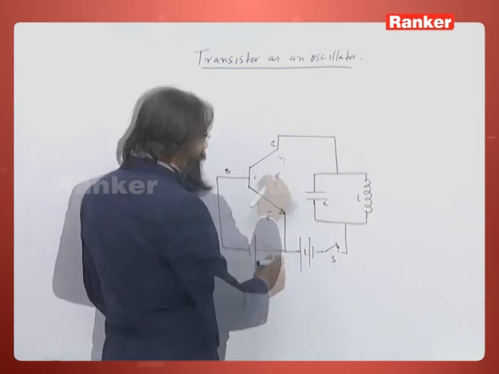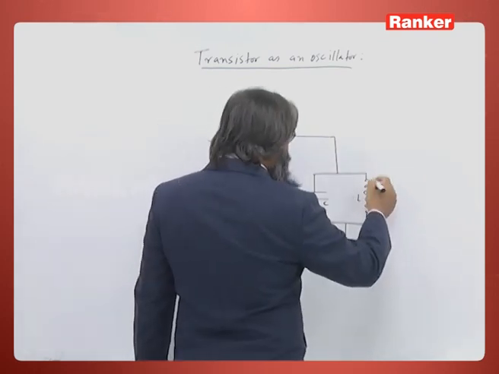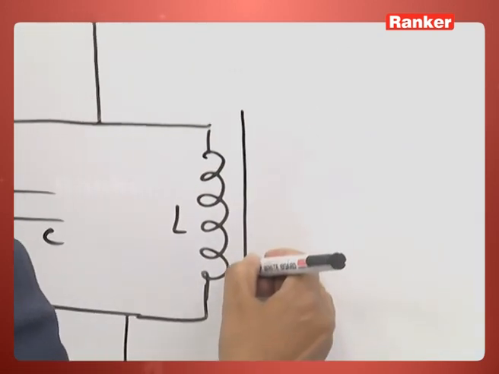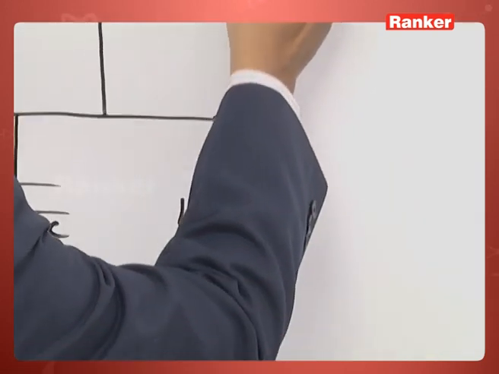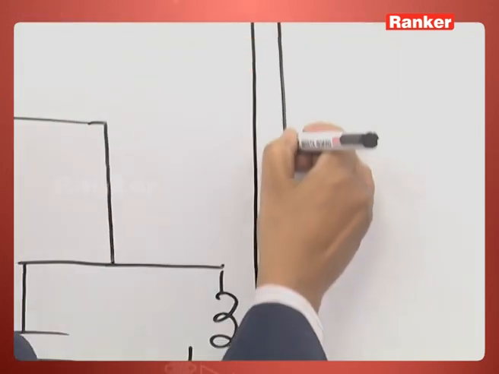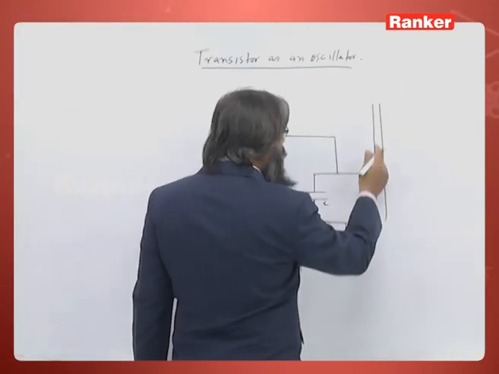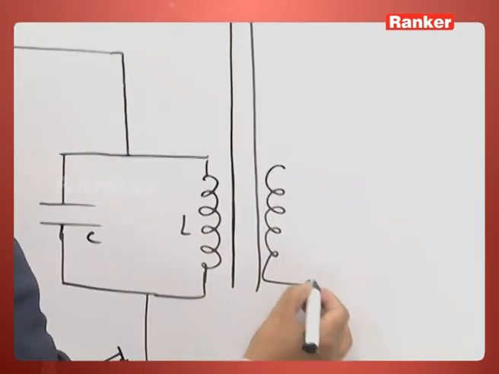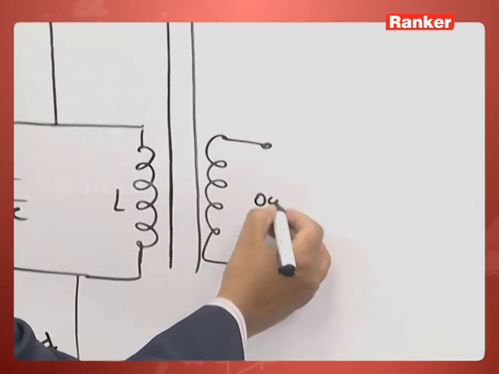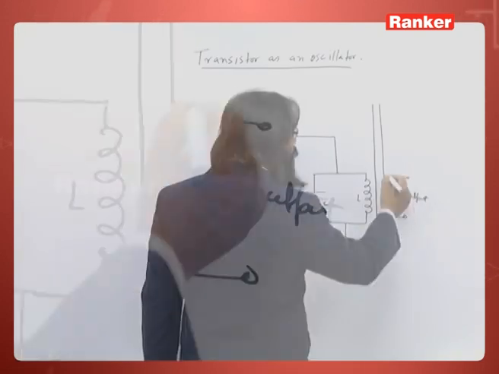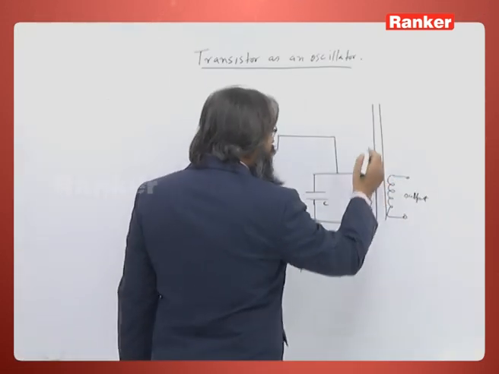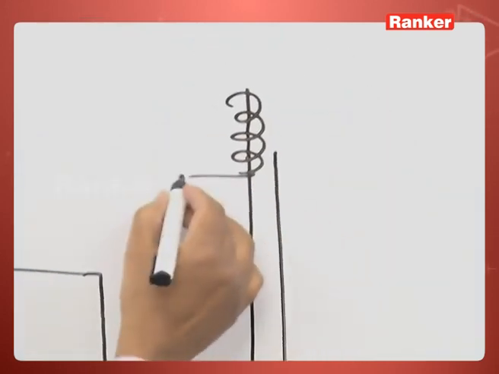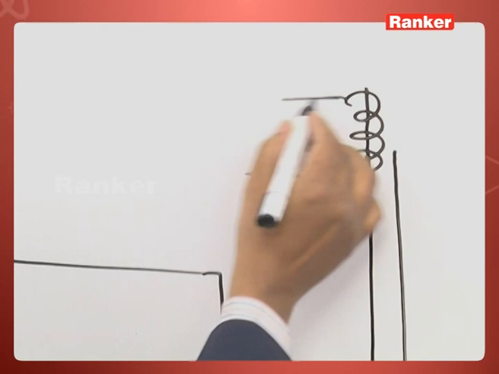So, let us now look at this inductor coil, which is connected on the primary of a transformer. This is the core, and here we have connected an output. The output is connected on the secondary. Now, on the secondary we have one more coil connected here.